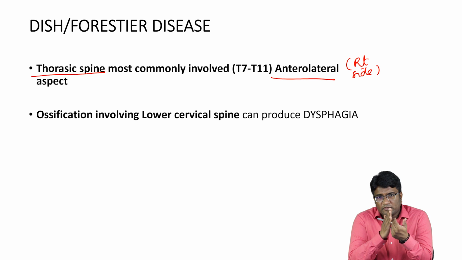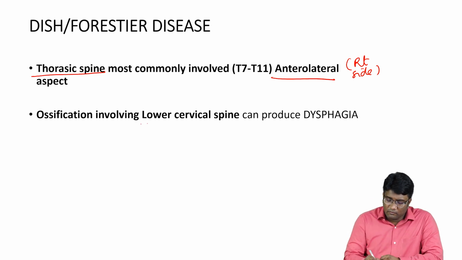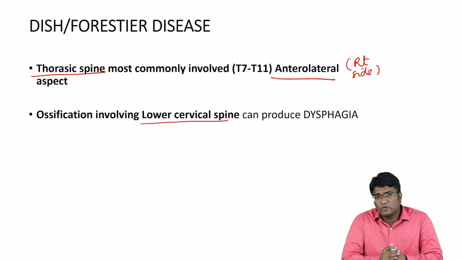So the anterior part of the vertebra and the right side show this flowing wax-like ossification involving the thoracic spine in the anterolateral aspect, mainly on the right side. And there is sometimes involvement of the lower cervical spine also, as given in the images, right? So that can produce dysphagia obviously, and this can present as chest tightness or dysphagia.